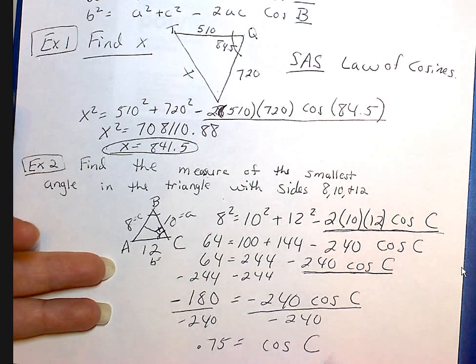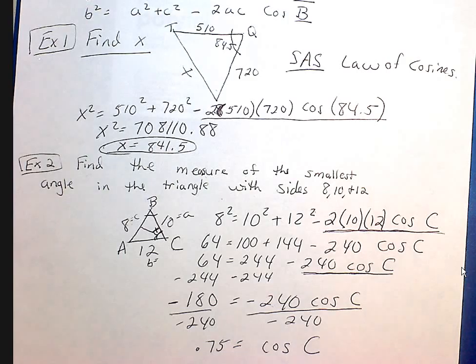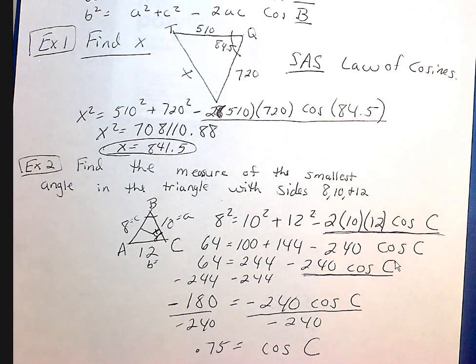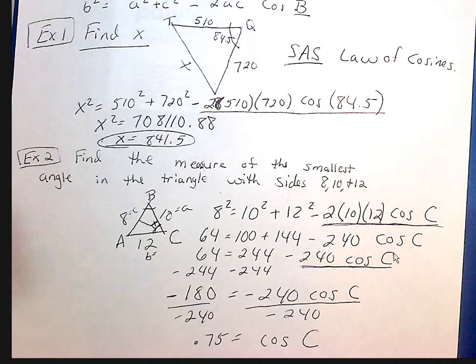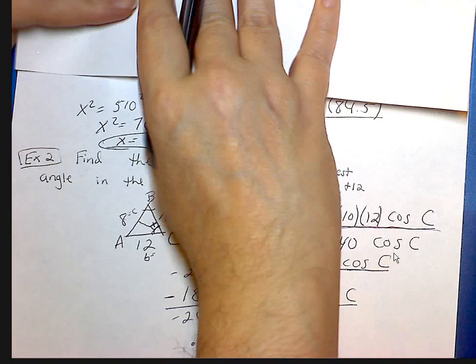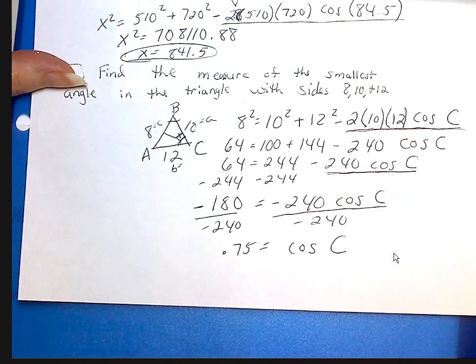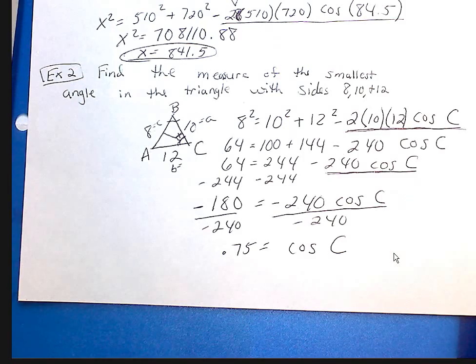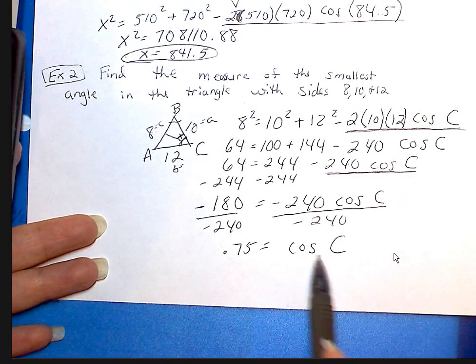Remember that anytime you get to this point, the cosine C should be less than 1, right? Since this is less than 1, we know we're doing it right. So now how do you solve for C?